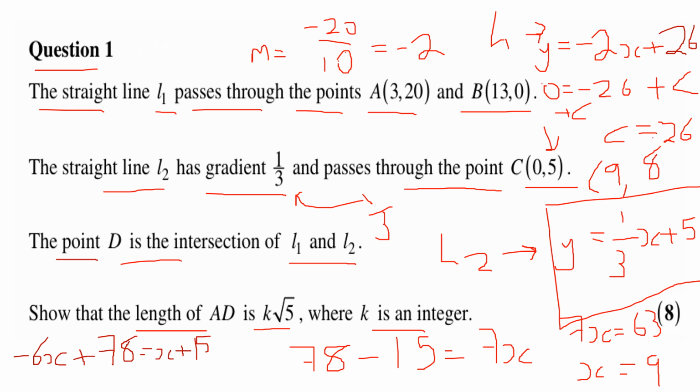Now we're asked to work out the length of AD, so we're going to work out the difference in x, the difference in y, and then use Pythagoras' theorem. So from 3 to 9, we have 6, so it's the square root of 6 squared plus, and then from 20 to 8, we go down by 12, which is the same as doing 12 squared, or minus 12 squared.